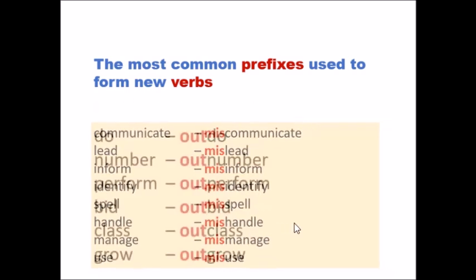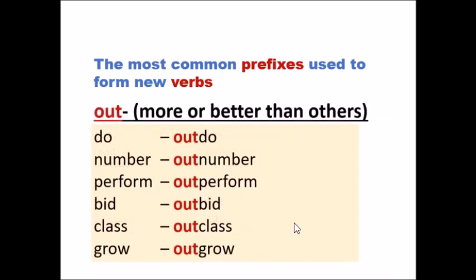The next prefix is out. The verb prefix out tells something is done more or better than the other. Example, do, outdo. Number, outnumber. Perform, outperform. Bid, outbid. Class, outclass. Grow, outgrow.